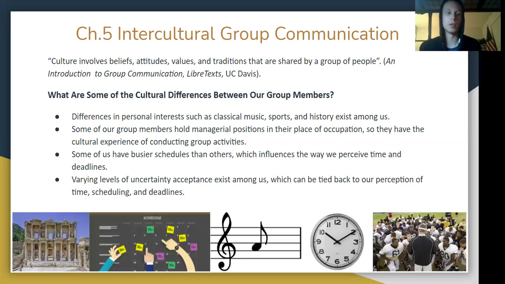This contributed to us having busier schedules, like was aforementioned, which also had a hand to play in how we perceive time. There were cultural differences, and some of us were very busy, some of us were a little more loose with our scheduling, and we're okay with that. And that also contributed to uncertainty acceptance and its variations amongst us.